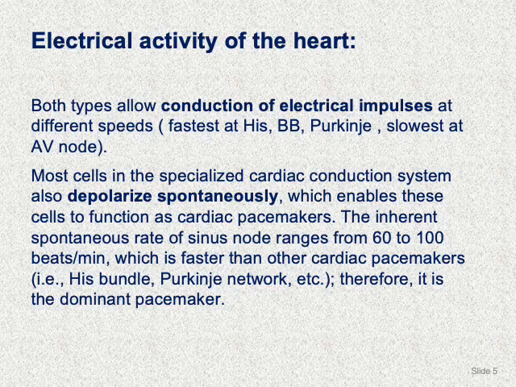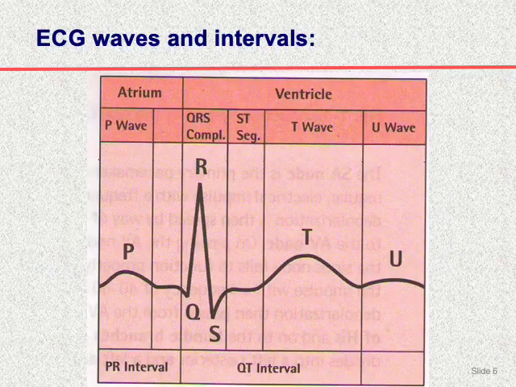That's why their activity is normally not recognized. This activity of the potential pacemakers is only recognized when the sinus node falls below them for different reasons or for any disease. But normally the pacemaker of the heart arises from the SA node.